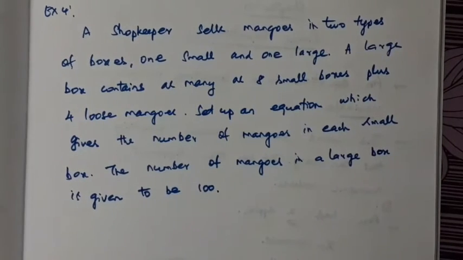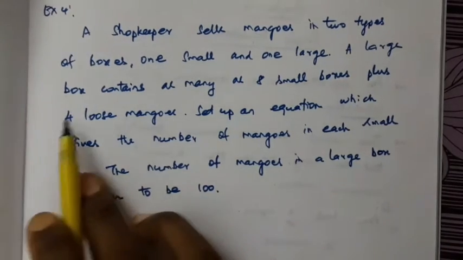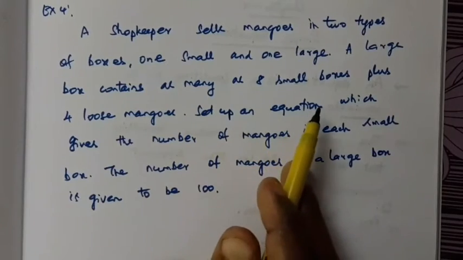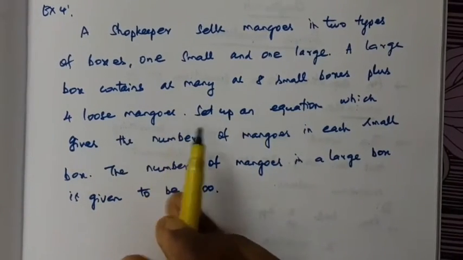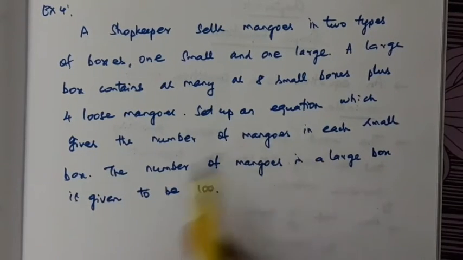Next question is, a shopkeeper sells mangoes in 2 types of boxes, one small and one large. A large box contains as many as 8 small boxes plus 4 loose mangoes. Set up an equation which gives the number of mangoes in each small box. The number of mangoes in a large box is given to be 100.